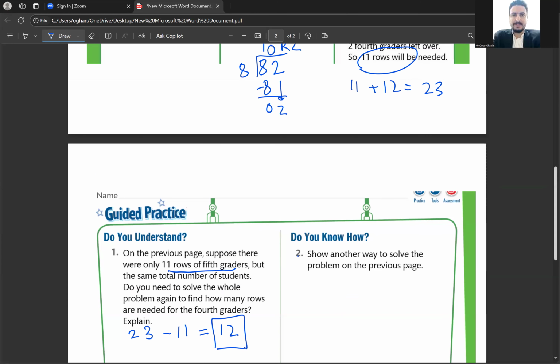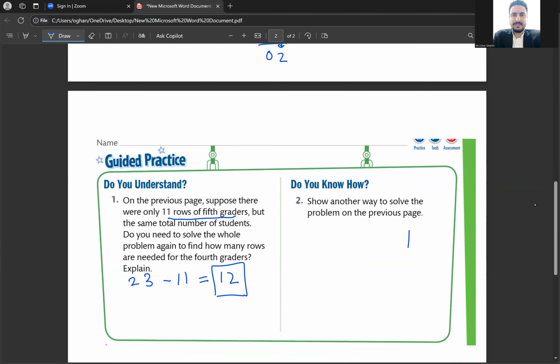If we take the number 178, the total number of students, and we divide it by 8, we get the total number of rows needed directly from the beginning. 17 divided by 8 equals 2, and 2 times 8 equals 16, and subtract, 1, and 8 comes down, and 18 divided by 8 equals 2, here 16, and here minus, 2, that's remainder 2.